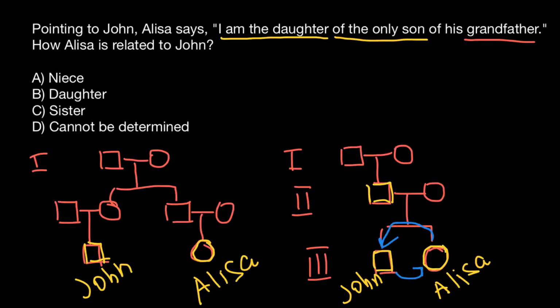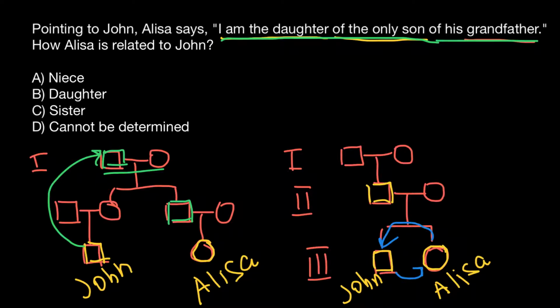Let's again take a look. Alisa is the daughter of the only son of this couple, of John's grandfather, and he would have only one son, but only son doesn't mean the only child.